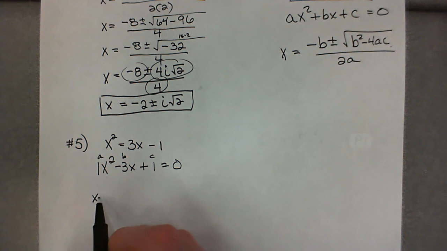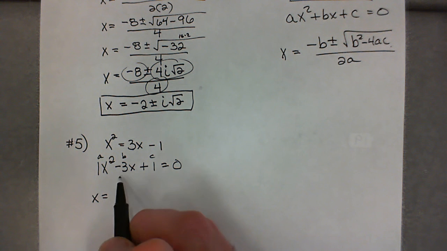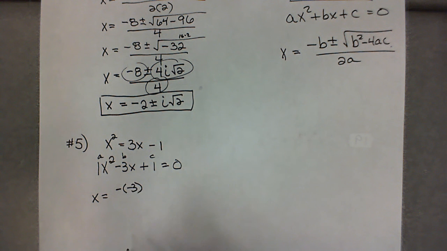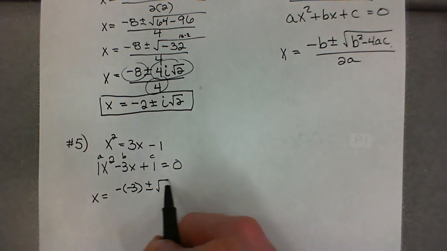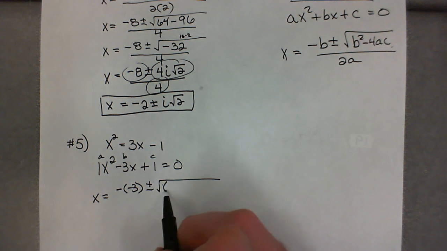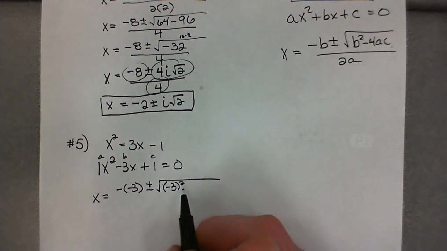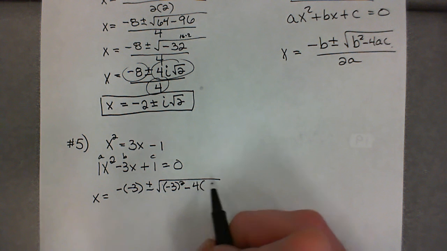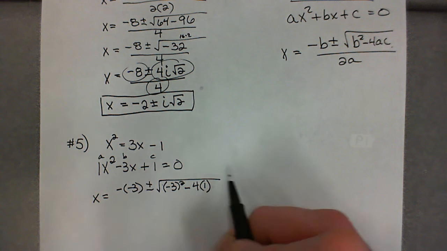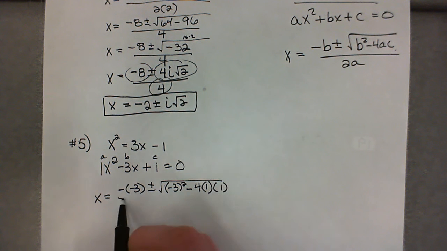So now x equals the opposite of b, so the opposite of negative 3, which I'm going to write like that. You can switch that directly to a plus if you'd like. Plus or minus the square root of b squared, so that's negative 3 squared. Make sure you put that in parentheses, especially if you're going to plug it straight in your calculator. Minus 4 times a is 1, times c is 1, so that's kind of nice.